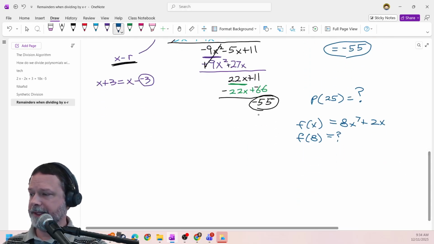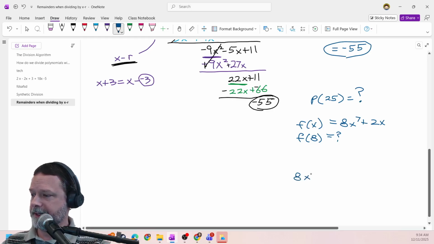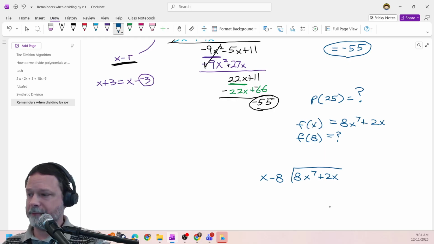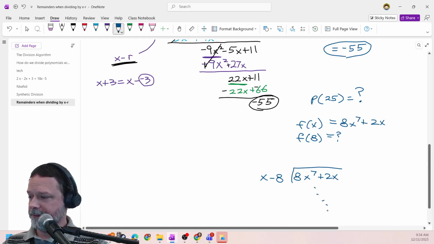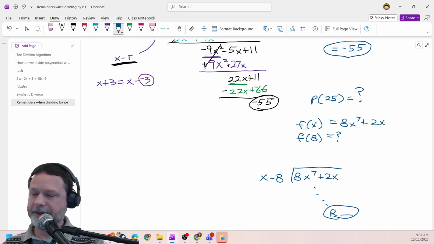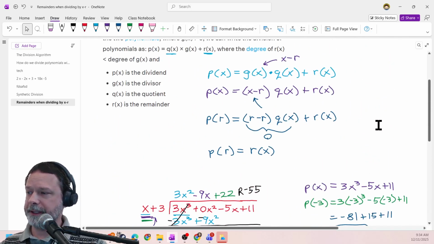Maybe it would be easier, rather than find f of 8, to take this 8x to the 7th plus 2x and use synthetic division and divide by x minus 8. Do that long division, and we get our remainder down here. That remainder would be the same as plugging in f of 8. So that is how we could use this. It's a very, very interesting result. It's very nice. So I wanted to share that with you.